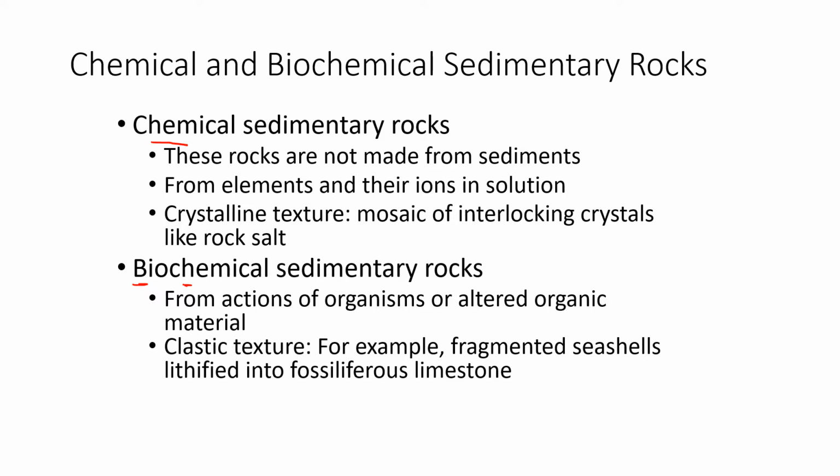So from the actions of organisms or altered organic material, for example coal, which is formed from plant material. They have a clastic texture sometimes. For example, if you have fragmented seashells that have been lithified, that is called fossiliferous limestone.